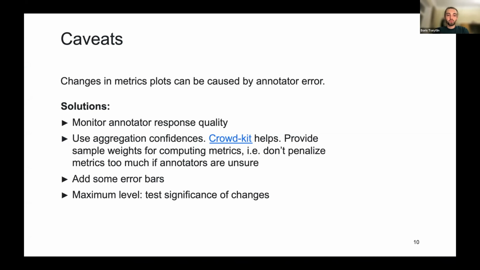First of all, you have to account for the fact that the metric can change from time to time, and not only because of objective changes in data, your model breaking down or something else, but also because of annotator responses. It does happen, maybe the control tasks of your project have been leaked or something else happened. And that means that you have to monitor the annotator quality as well.